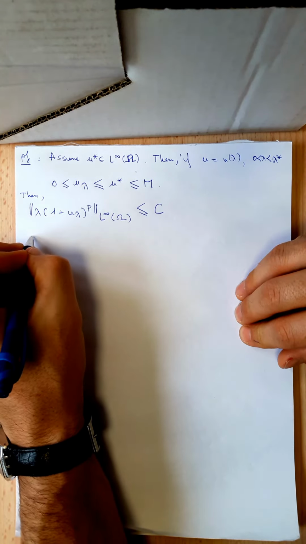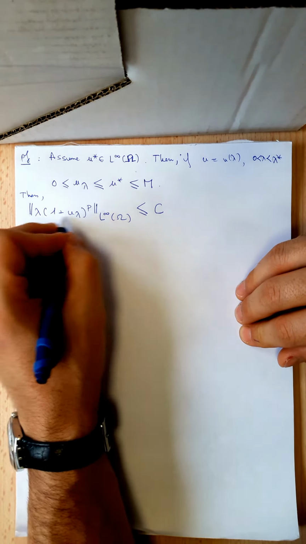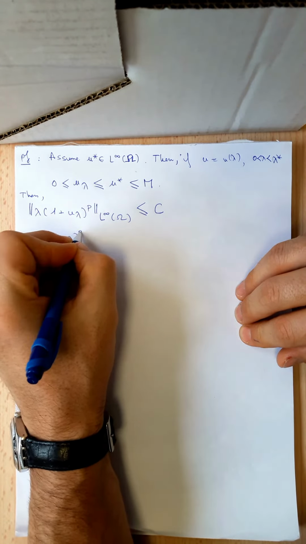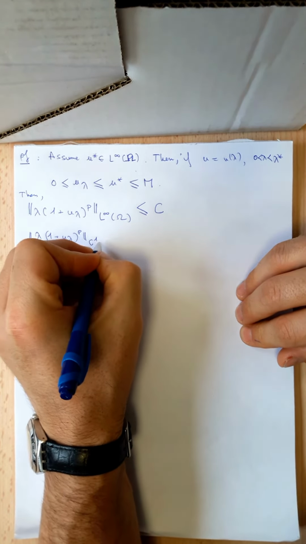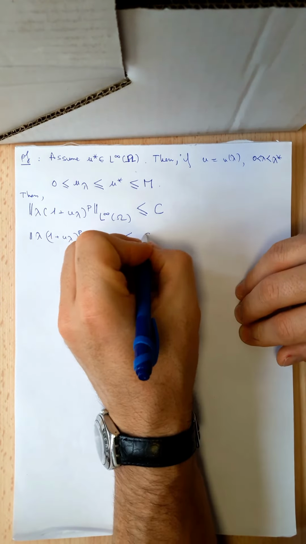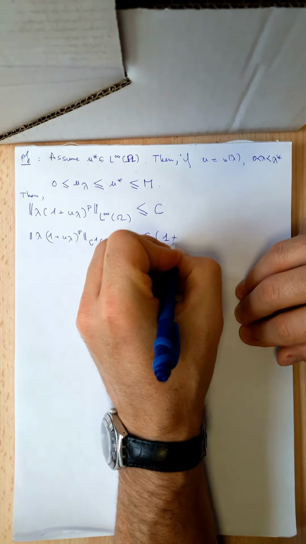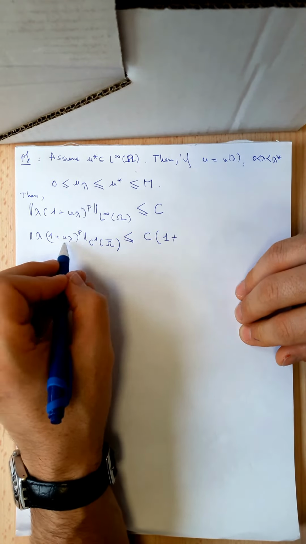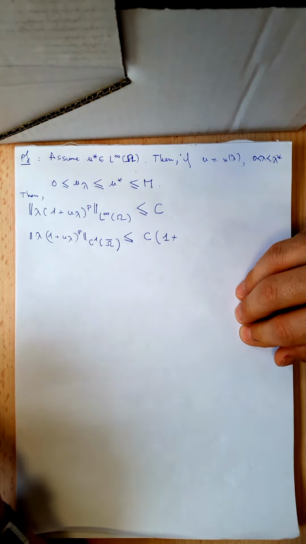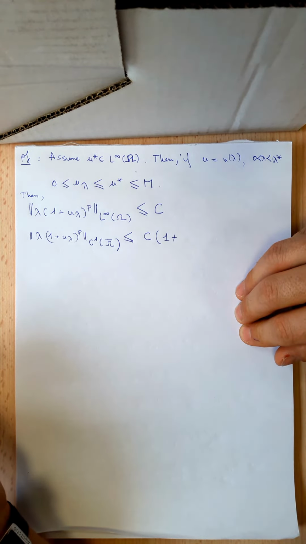We can even say that the gradient of this quantity can also be controlled. So let me compute the C1 norm of this. The L infinity part is controlled by a constant. And then when you compute the gradient of this, you'll get p times 1 plus U to the p minus 1 times the gradient of U. 1 plus U to the p minus 1 is still a bounded quantity.